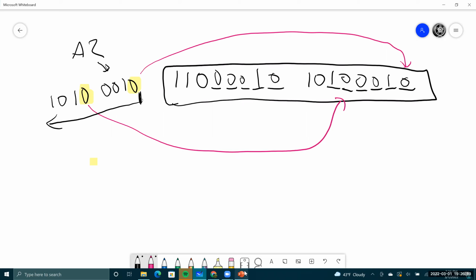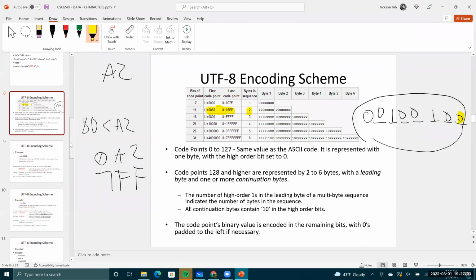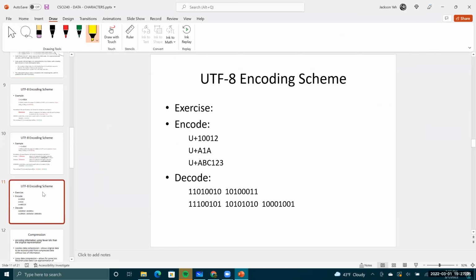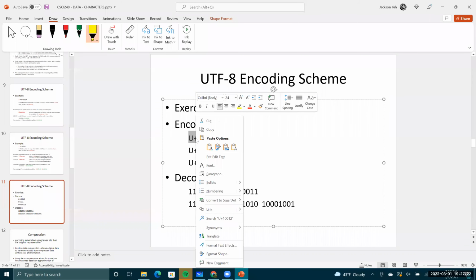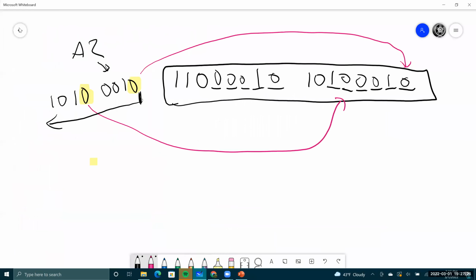All right, any questions so far? All right, so I'll give you guys something to do. Now that you have a general idea of how to do it, I want you to encode this code point, U+10012. Okay, so let me copy this and put it on the whiteboard.